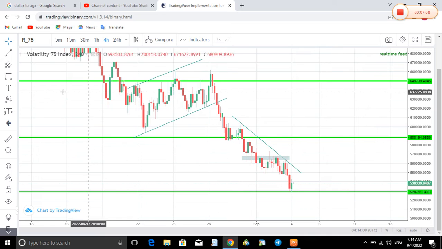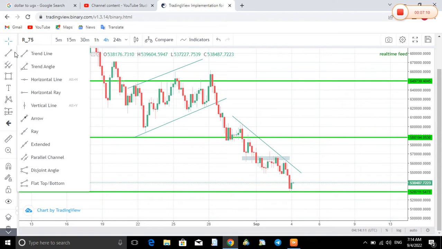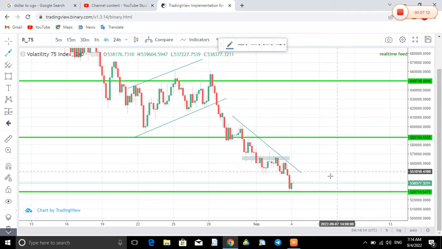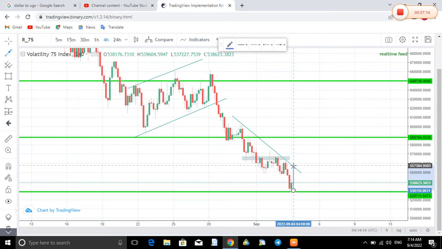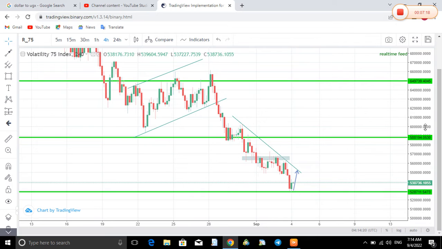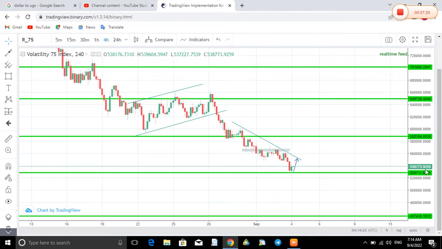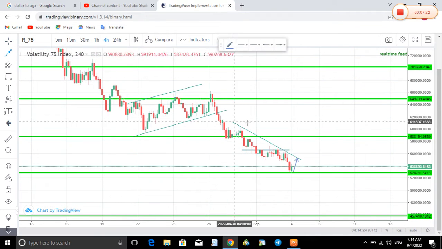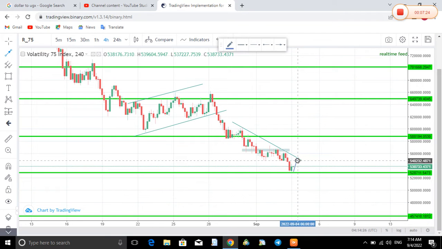So that's why we told you that for 75 we are expecting a little bit of a pullback. It may be on this resistance level before seeing it continue dropping all the way to this level, or coming up to this level. So it will depend.